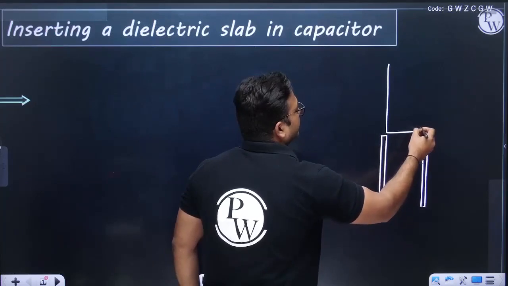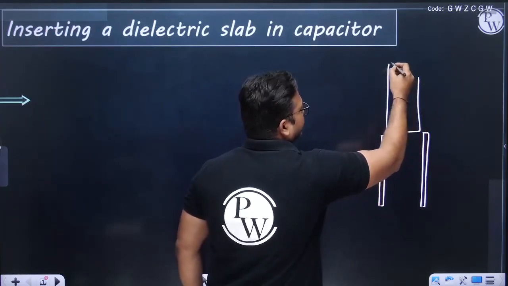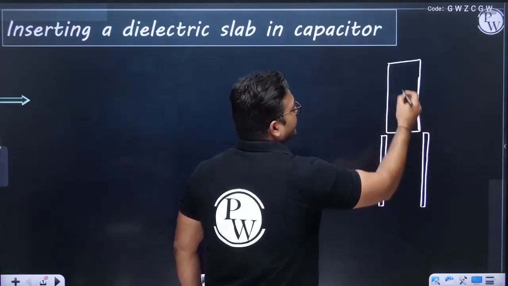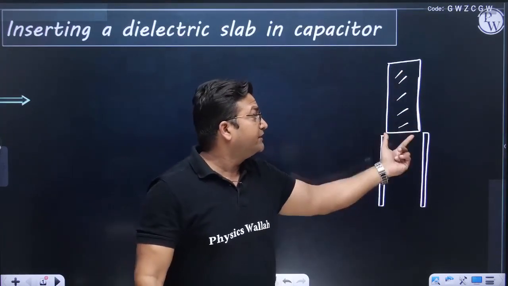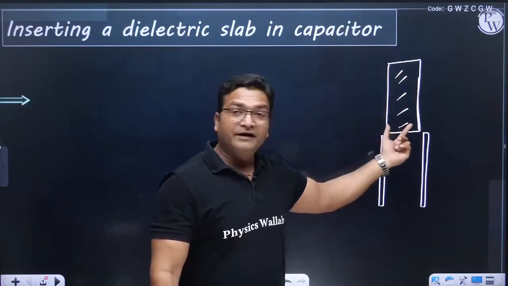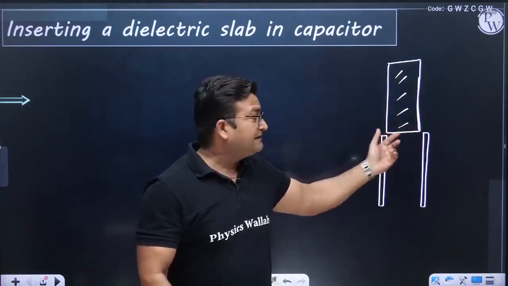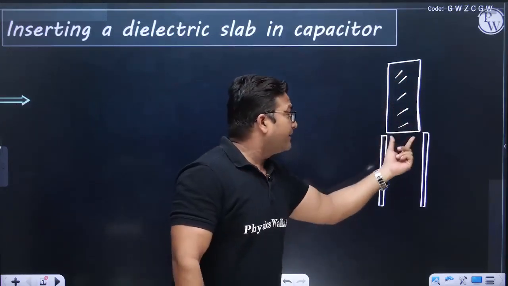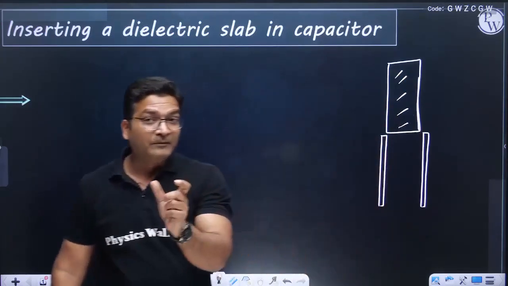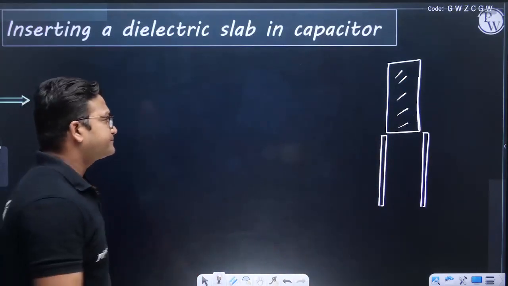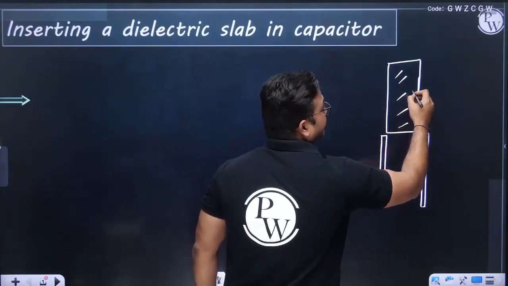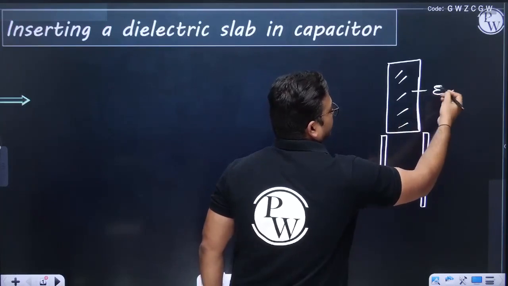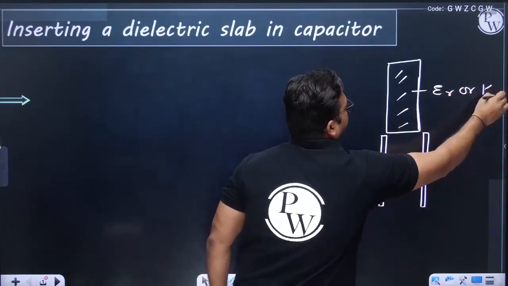Suppose I have a dielectric slab, means an insulator material, and the size and the volume of this insulating material is such that it exactly can fit the volume between plates of the capacitor. Suppose its dielectric constant, or you can say relative permittivity, is epsilon R or K.